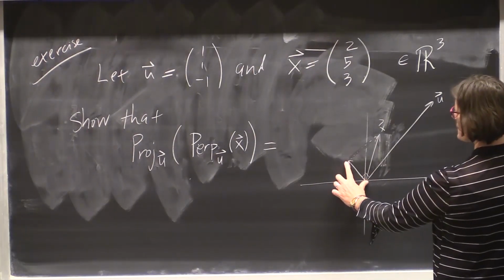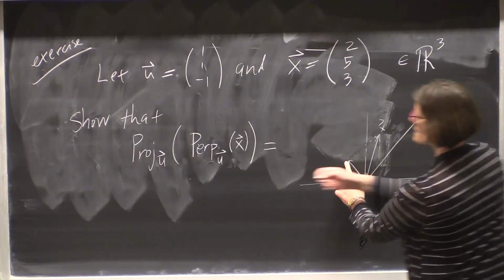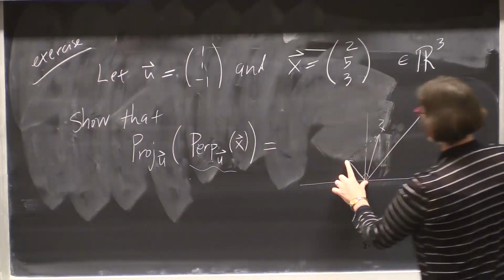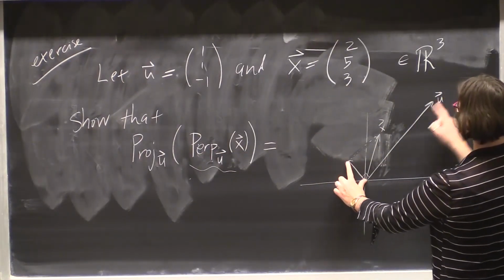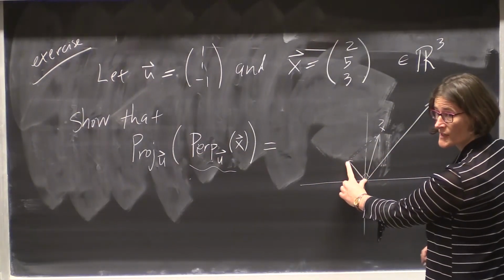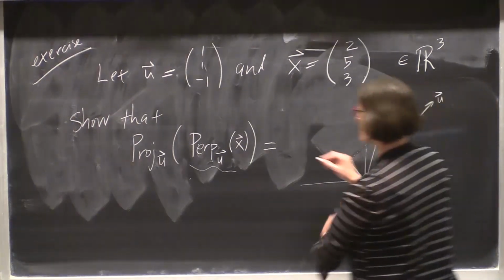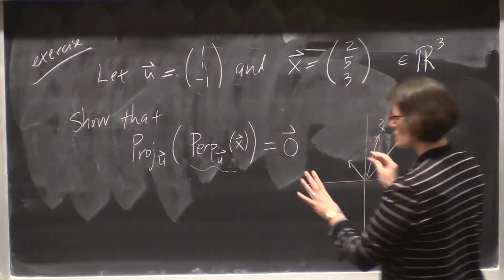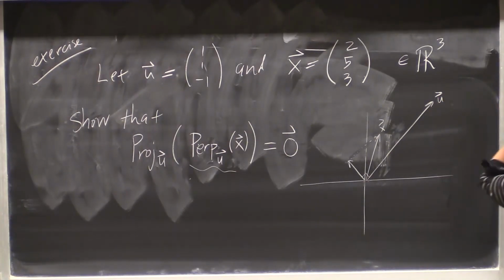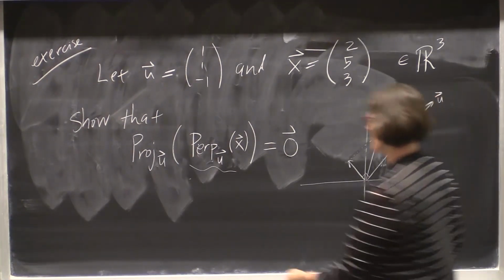So first I compute this, and then I take this vector and I project it onto u. What should I get? The 0 vector. So let's just show that this is true. It should happen if anything makes sense.